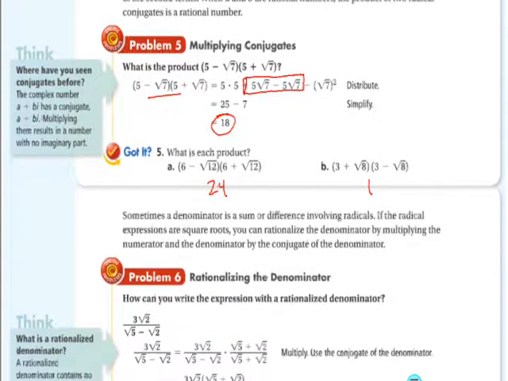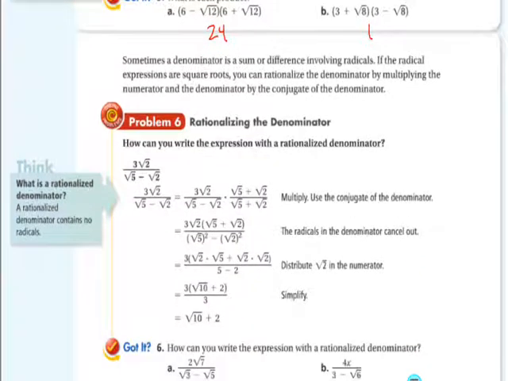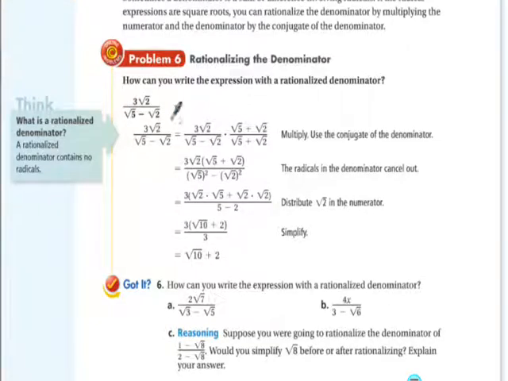Okay? Sometimes a denominator is a sum or difference involving radicals. If the radical expressions are square roots, we can rationalize the denominator by multiplying the numerator and the denominator by the conjugate. Hence, what I was just talking about, that step of using the conjugate, we are going to need that. So, if we were to try and rationalize this denominator, it has different roots here that can't be simplified.